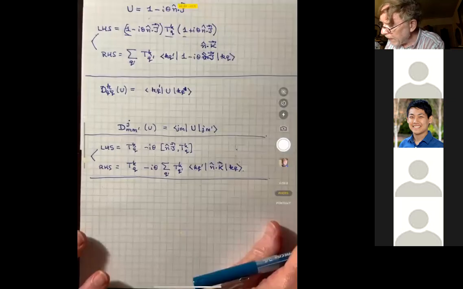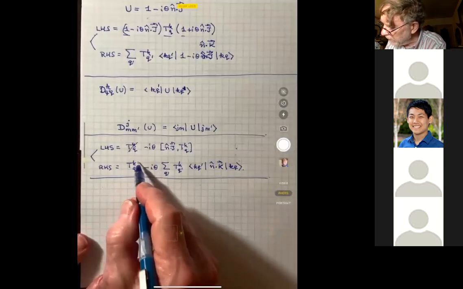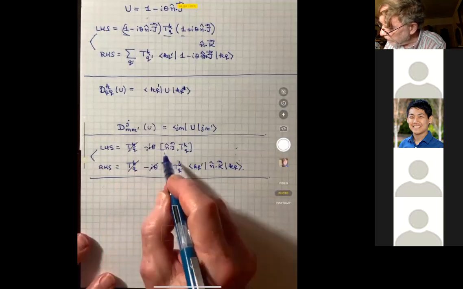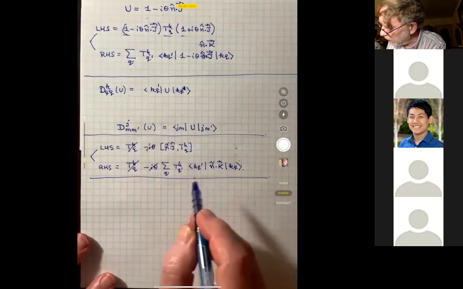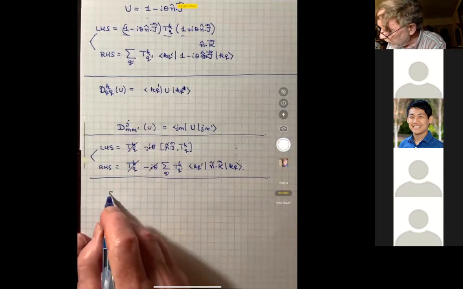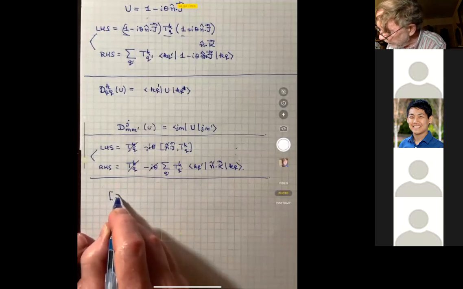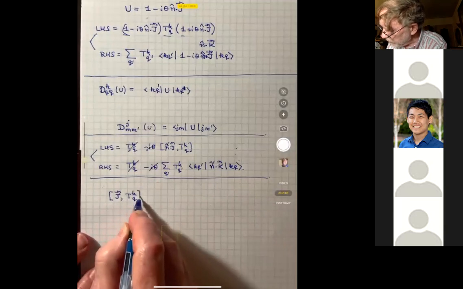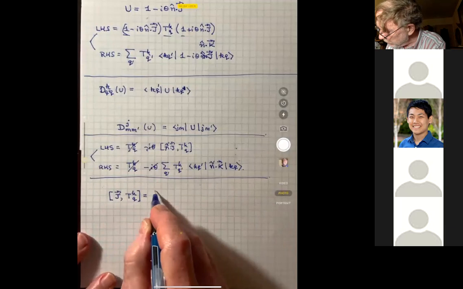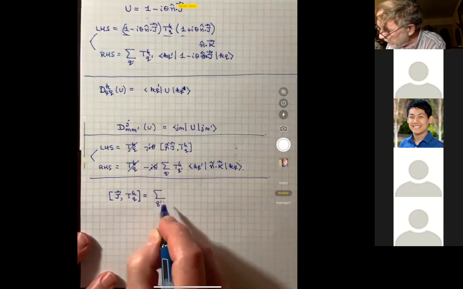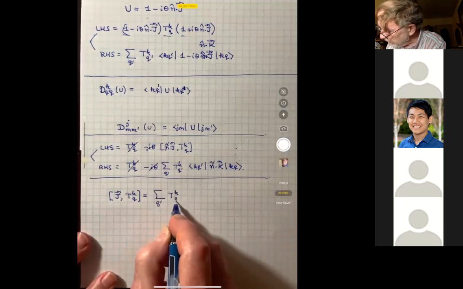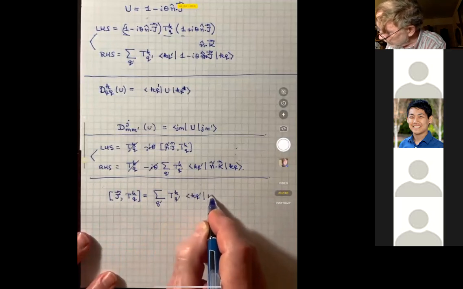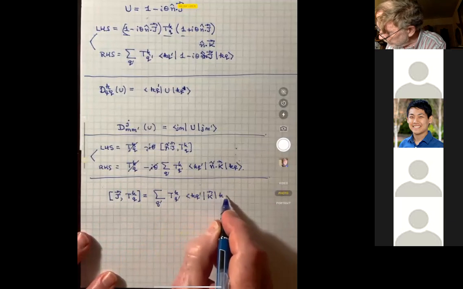Now then, having done that, we can cancel the leading terms, obviously. What's left over, we can cancel the minus i thetas. And the n hat is an arbitrary unit vector, so we can cancel that as well. And what we get is the following: the commutator of J vector with a component of an irreducible tensor operator is equal to the sum on Q prime of TKQ prime times the matrix element KQ prime, K vector, KQ.